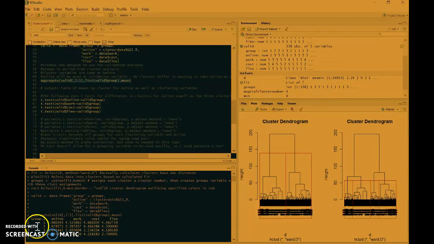So yeah, now you see we have 4 groups because we chose 4 as the amount of clusters, and now we have means for each different one. So we do have a cluster 1 that is high in everything, and it also has the highest online, which is interesting. So maybe we might want to go with this 4 cluster. Actually, we'll look at it a little bit more to find out.